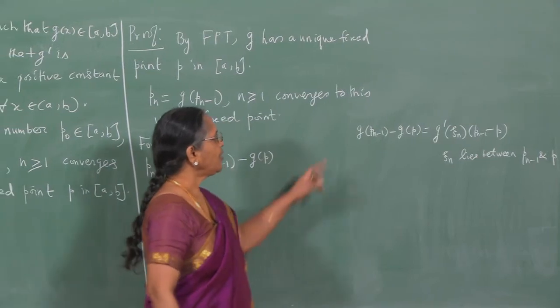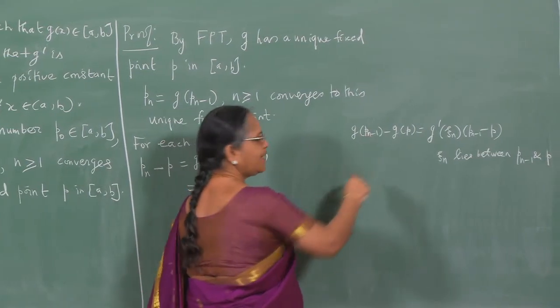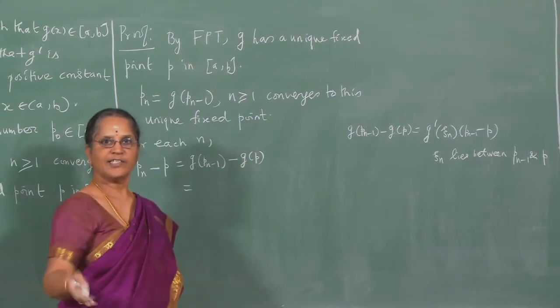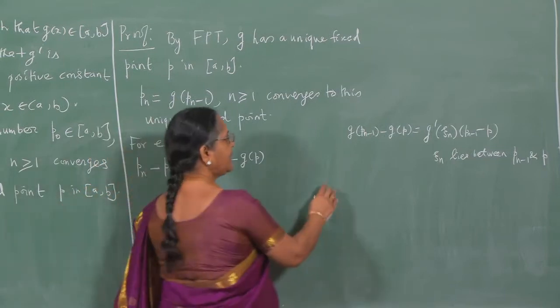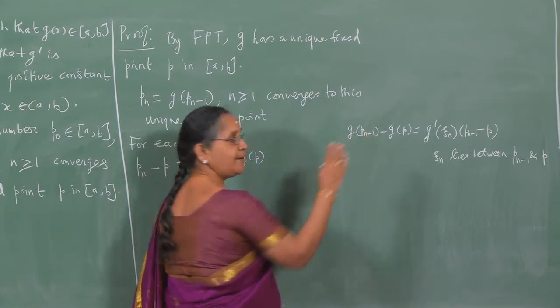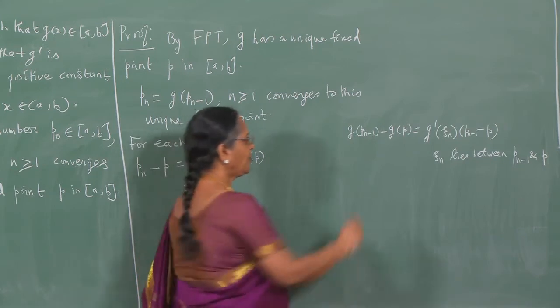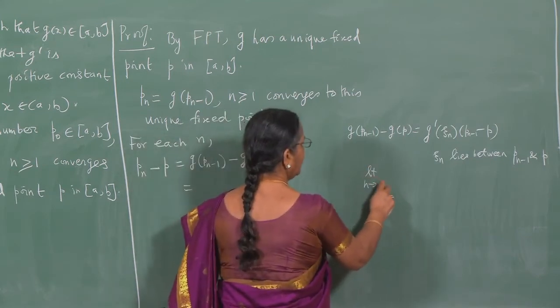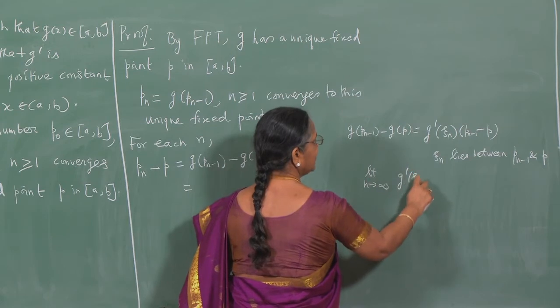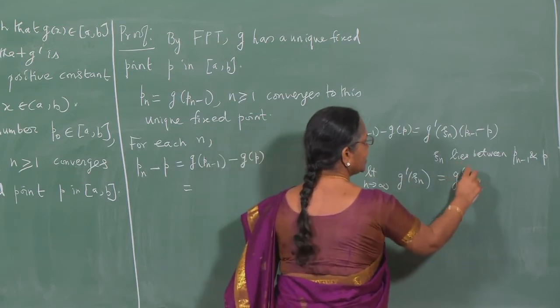And what do we know about the sequence p n minus 1? It converges to p. So, limit as n tending to infinity of p n minus 1 is p, and therefore, limit as n tending to infinity of g dashed of psi n is g dashed at p.